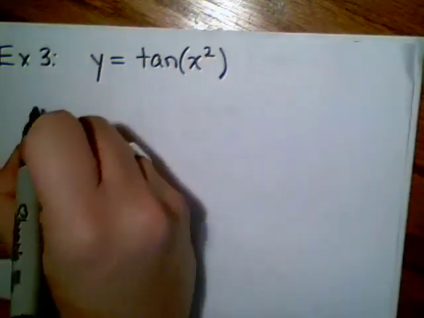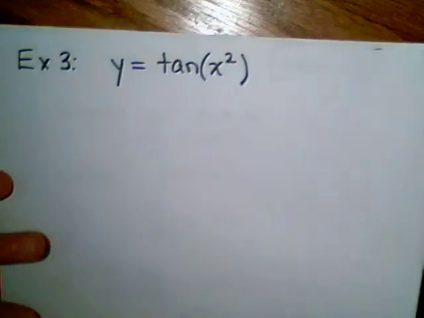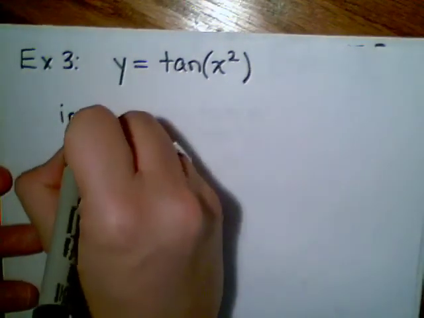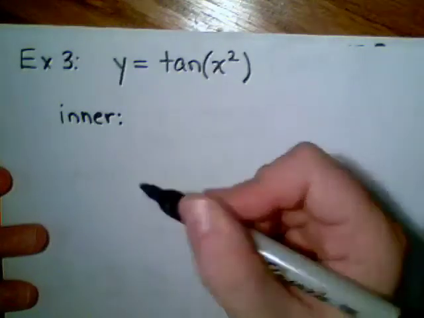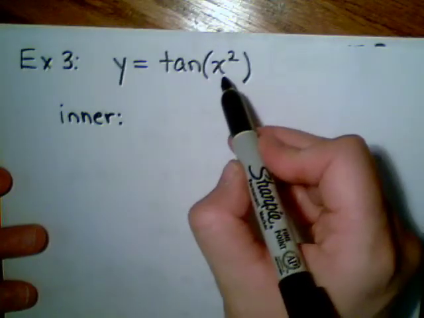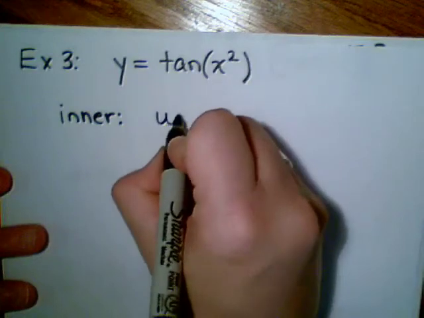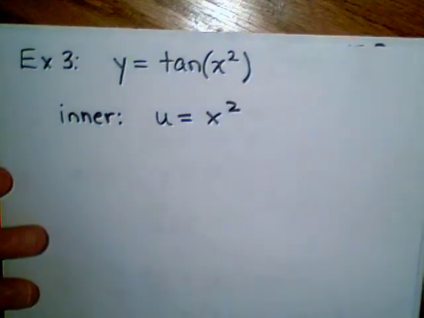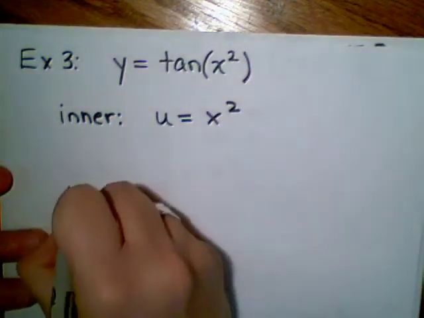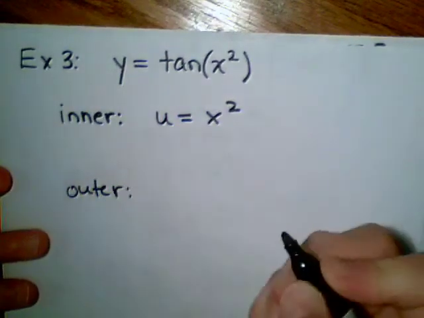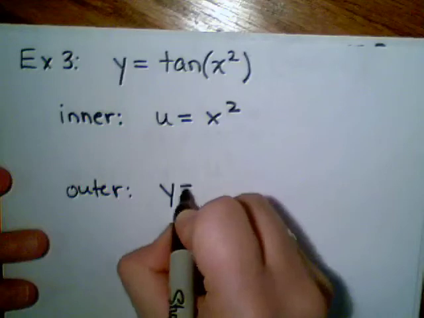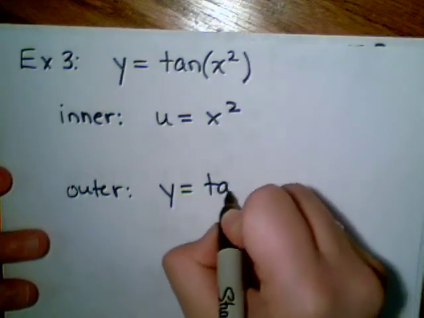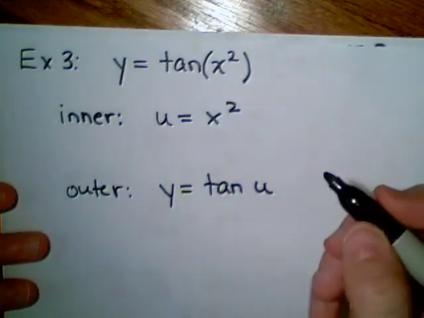Okay, so in example 3, what is the inner function? That inner function would be the expression for the angle, x squared, and we'll label it u, which leaves the outer function to be the trig function. So we'll just call y tangent of u. It's tangent of something.